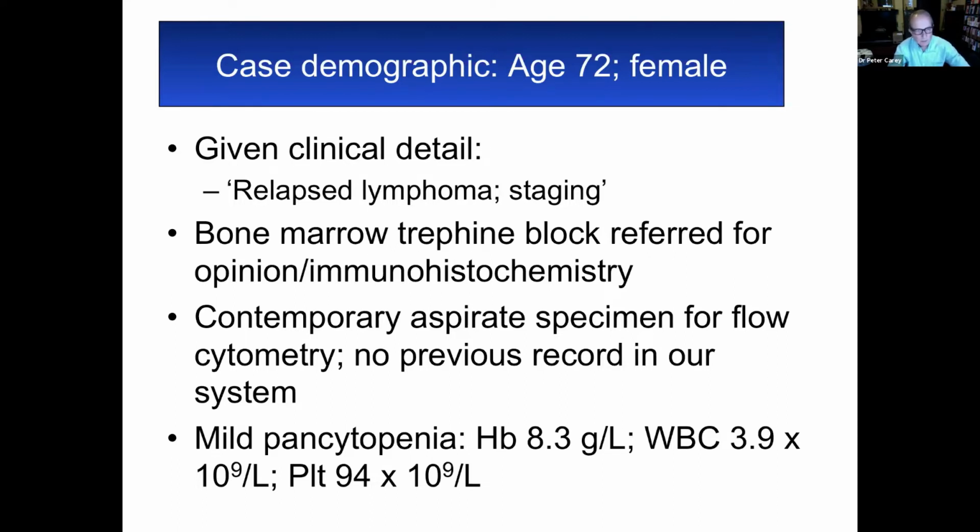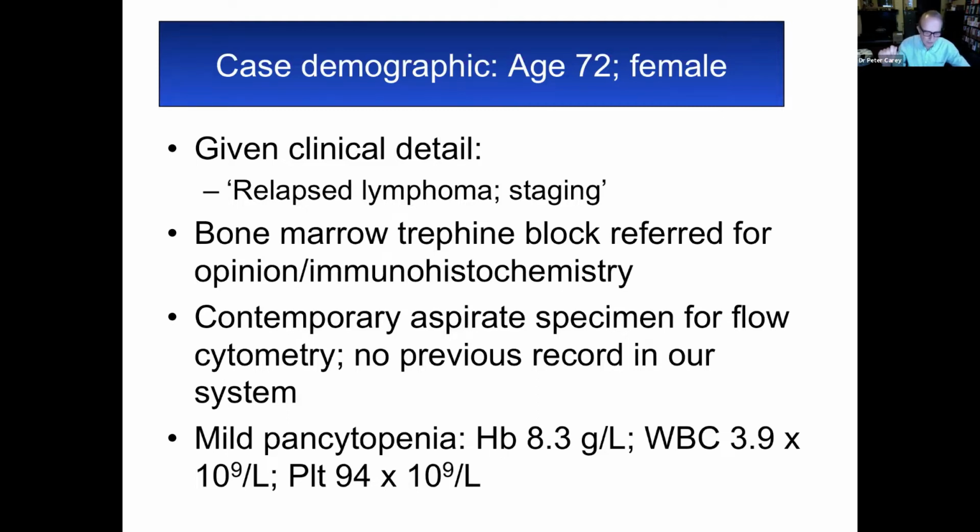I was in the regional referral laboratory where we get bone marrow trephine specimens in for immunohistochemistry. And often if we're looking at marrow to find out whether lymphoma is present, it's important to look at the bone marrow trephine, even if we've had negative aspirate material, normal blood counts previously.